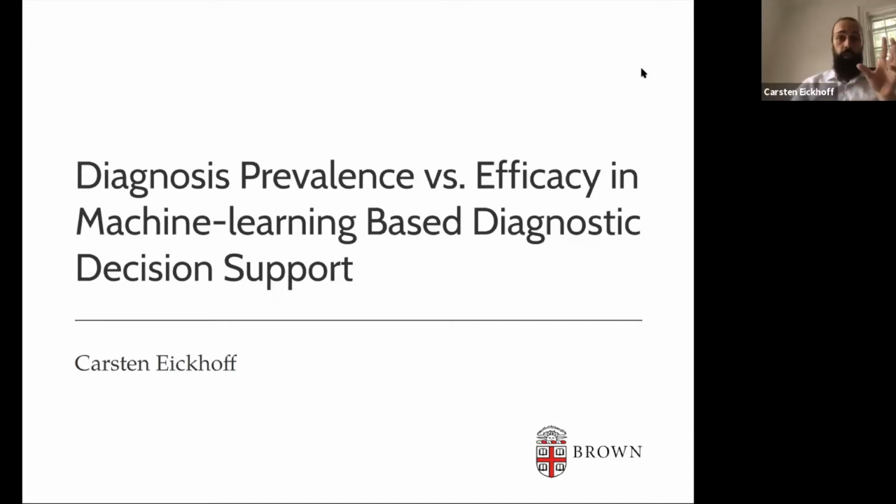This paper really focuses on carving out a problem and measuring the extent of that problem, right? And what we're going to look at is different types of diseases, how frequent they are, and what this frequency does to the effectiveness of our machine learning-based models.